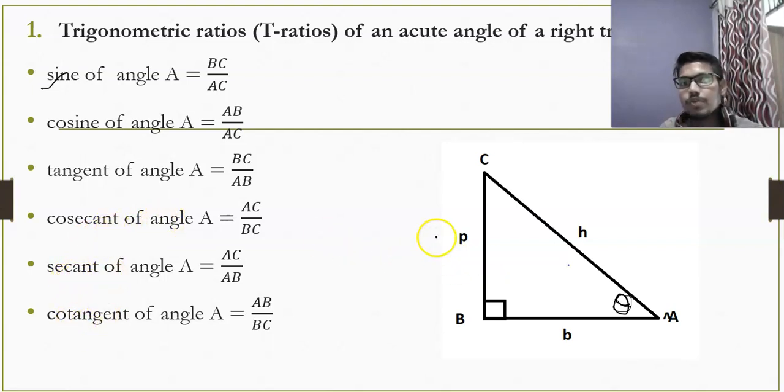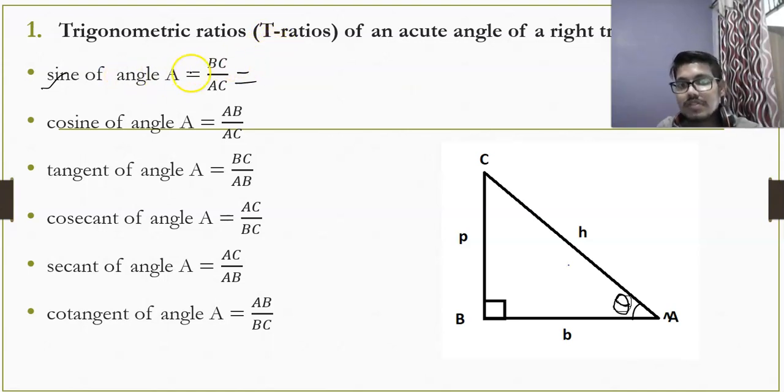Now here we talk about the angle A, and we consider it as theta. So we have to mug up these facts first of all. I will later tell you how we derive these ratios.